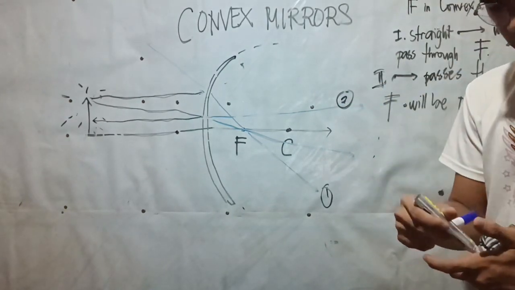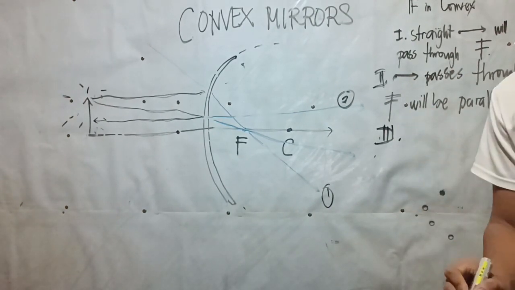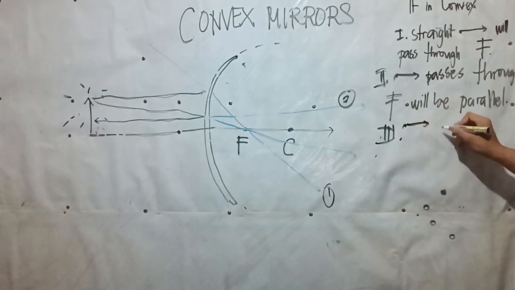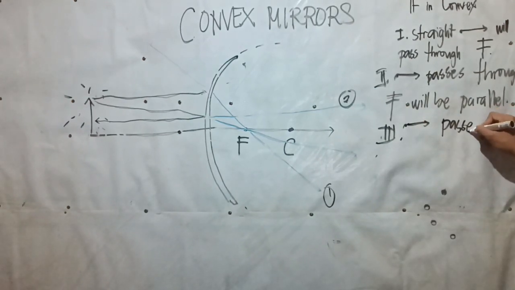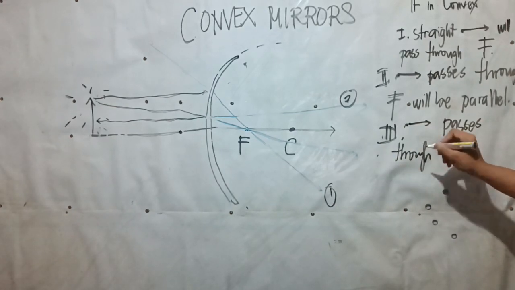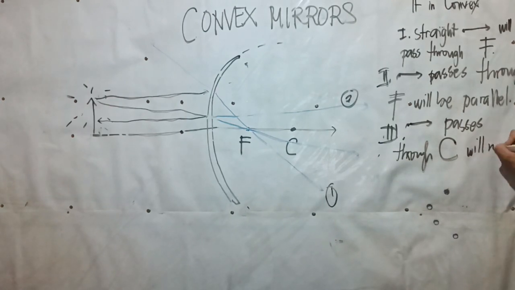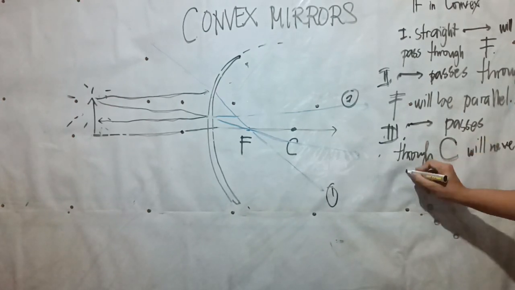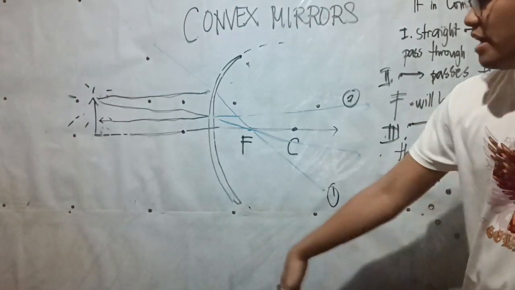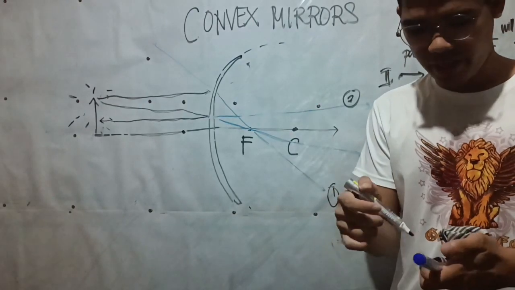So, for our third rule, it is very simple. Rays that pass through the center will never bend. So, there is a ray that passes through the center and it will never bend.